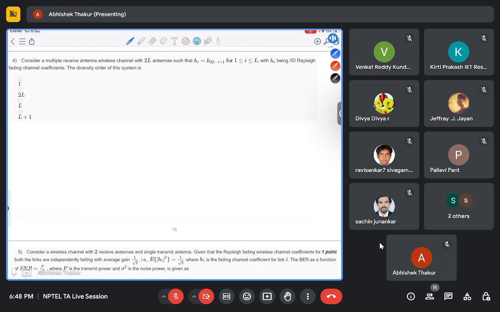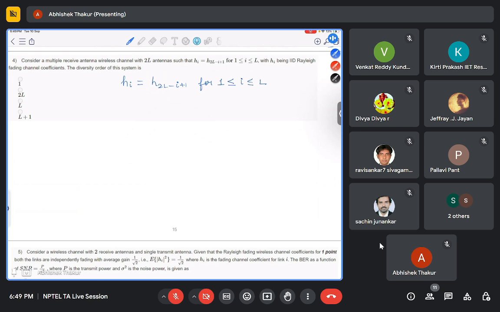So in this, consider a multiple receive antenna wireless channel with 12 antennas such as HI is equal to H of 2L minus I plus 1, for value of I greater than 1 and less than equal to L. So here HI being the IID Rayleigh fading channel coefficient.